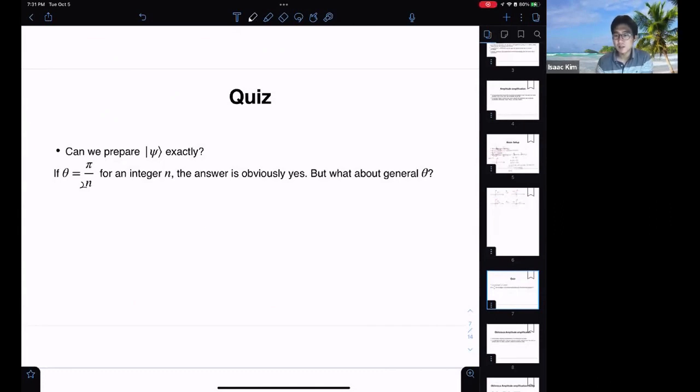So then clearly the answer is yes. But what would you do if you have a general angle theta? So this is the main question. Any guesses?